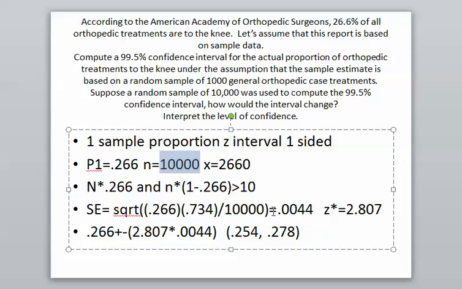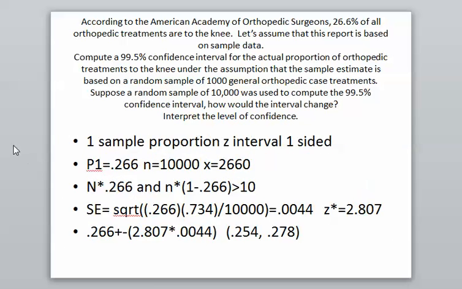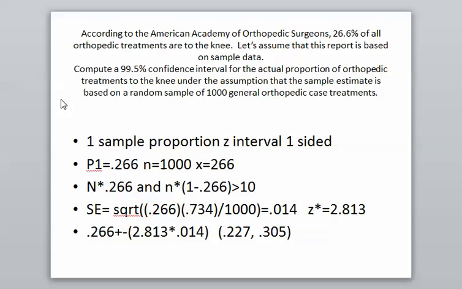Okay, my standard error becomes 0.0044, and my range becomes 0.254 to 0.278. And what I'm trying to point out here is that 0.254 to 0.278 is much tighter than the one that we had up here for 1,000, 0.227 to 0.305.